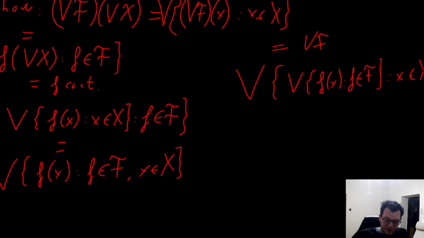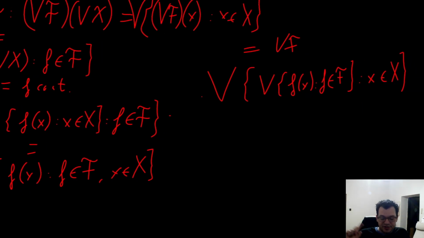As you can see, the order of these loops is different, because in the first part f was the outer variable and x was the inner variable, and on the right hand side it is the other way around.